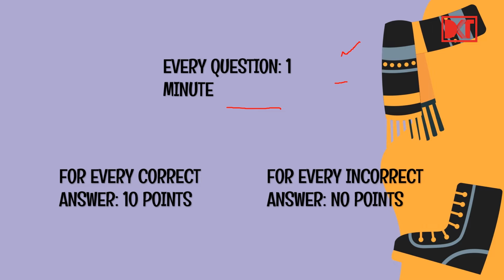Alright, it is very important to answer each and every question because there is no negative marking. Here you see, for every incorrect answer, no points, because there is no negative marking in IEO, so it is important that you attempt all the questions.